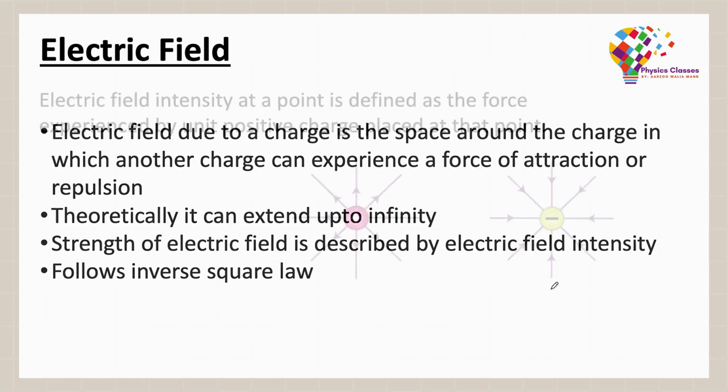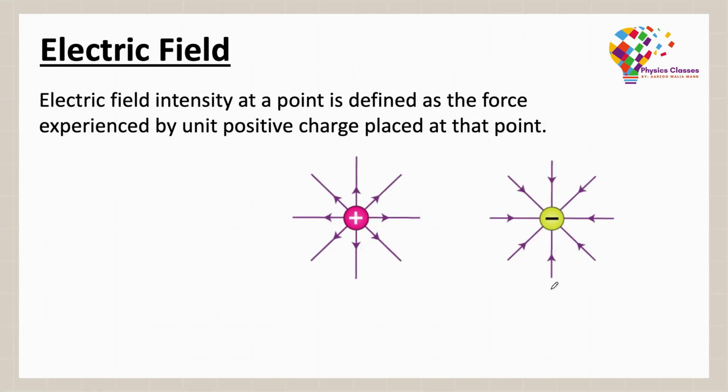Now moving on, let us try to understand how to define electric field in a quantitative way. See, physically it is just a space around a charged particle in which another charged particle will experience a force. But quantitatively, electric field intensity at any point is defined as the force that is experienced by a unit positive charge.